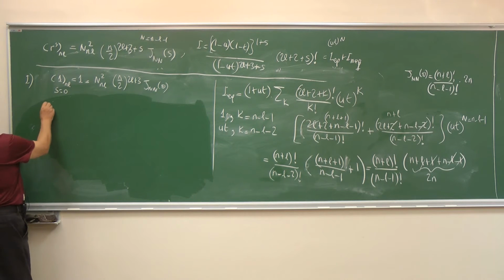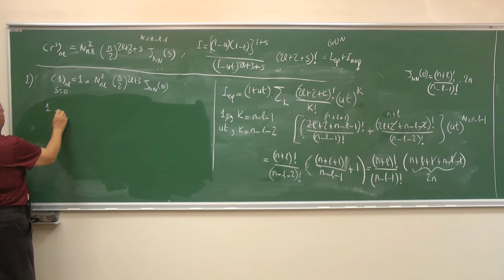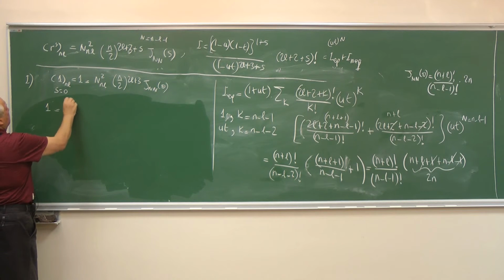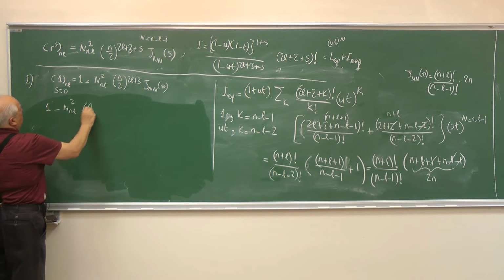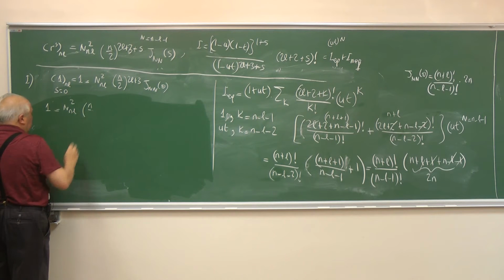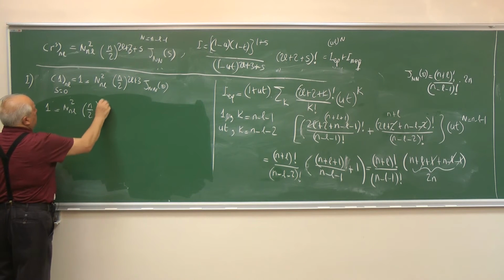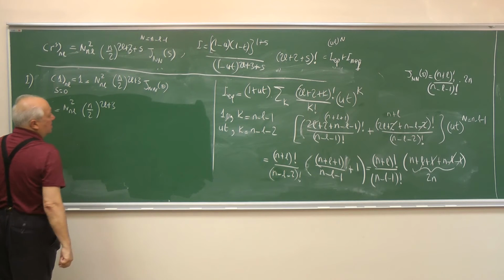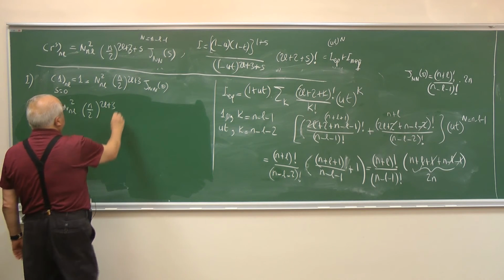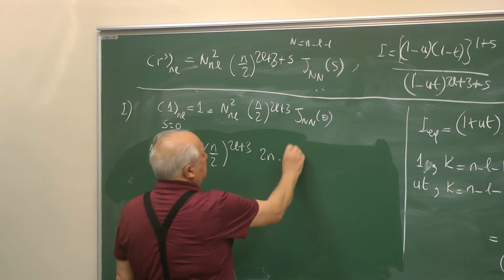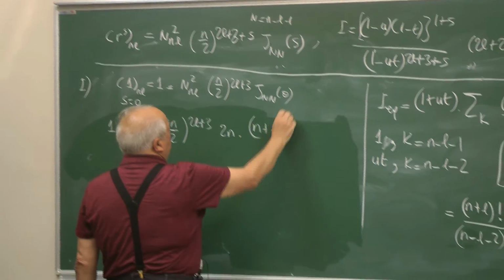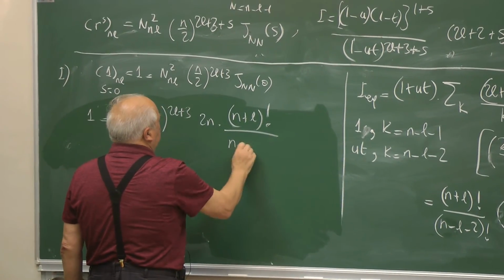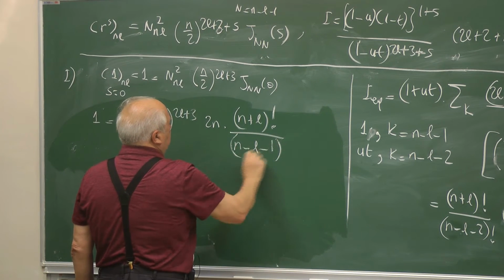So 1 is equal to N_{nl}² times n over 2, 2l plus 3, times 2n, times (n plus l) factorial divided by (n minus l minus 1) factorial.